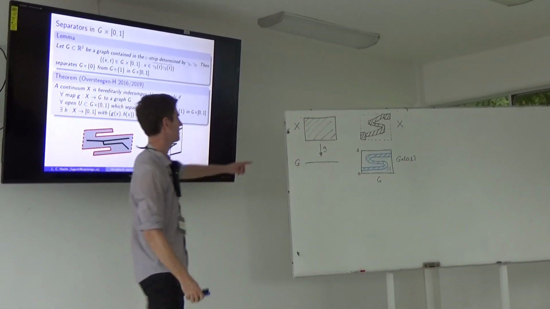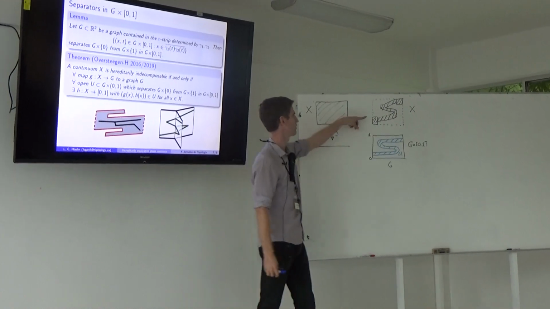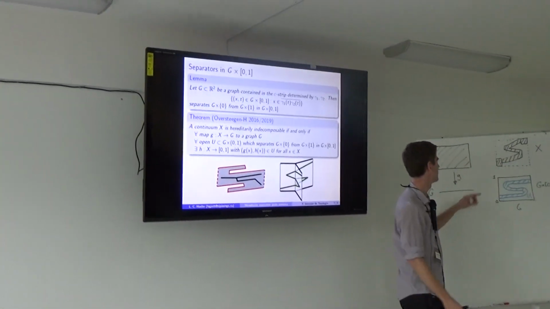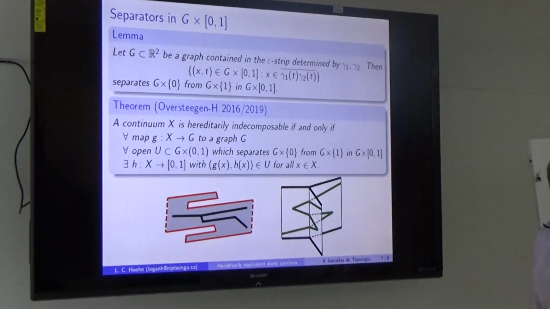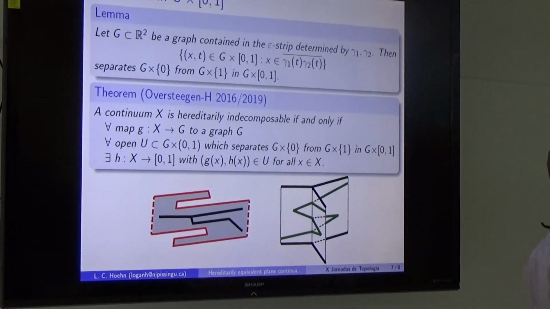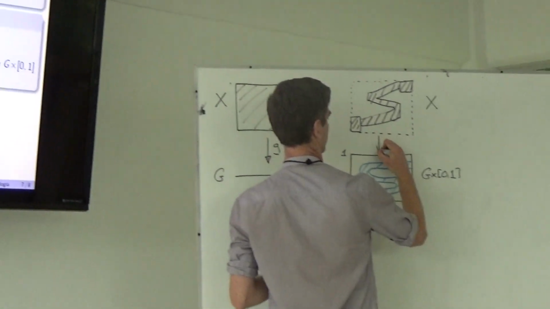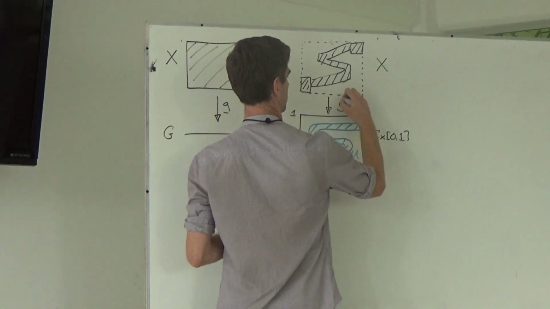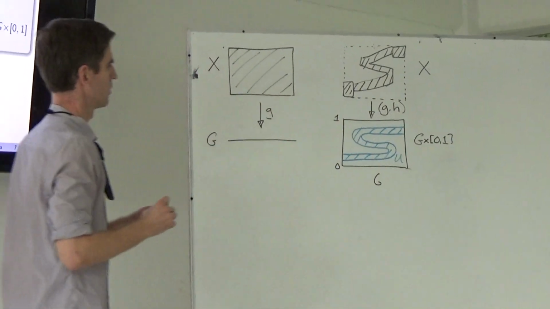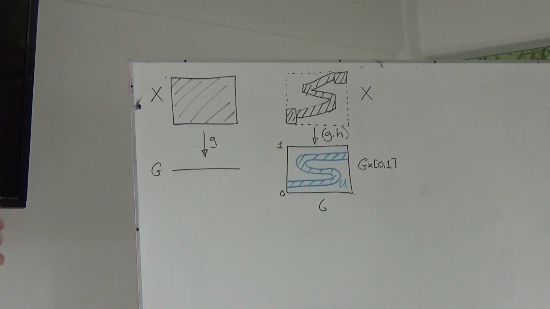So again, this is the same continuum X, but with a more detailed look you find that it actually has this kind of zigzag structure, and that enables you to define the map h, or essentially enables you to lift that function g through the first coordinate projection on that separator.